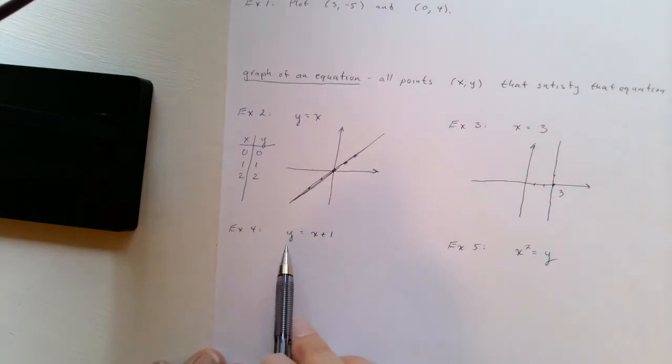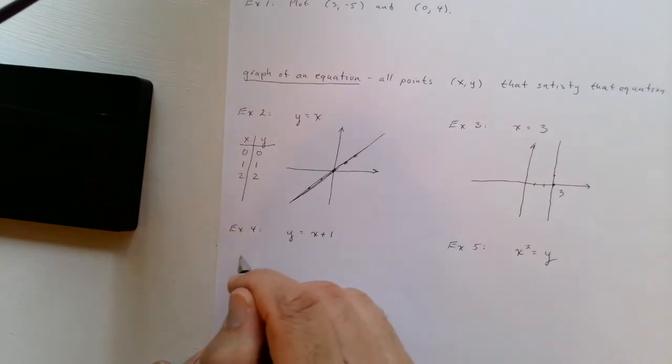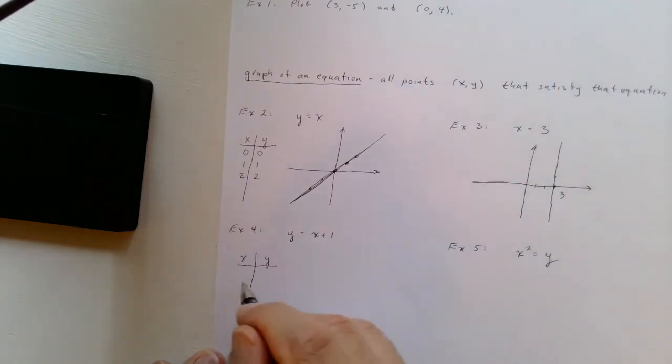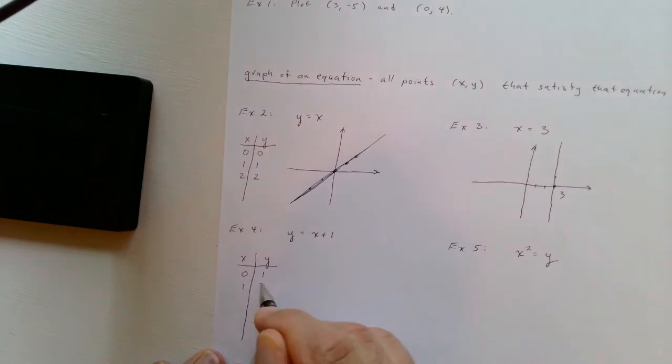If we look at the graph of y equals x plus 1, that means the y-coordinate is always 1 more than the x-coordinate. So again, we can plot a few points here. If x is 0, y is 0 plus 1 is 1. If x is 1, y is 2. If x is 2, y is 3. If x is negative 1, y is 0.